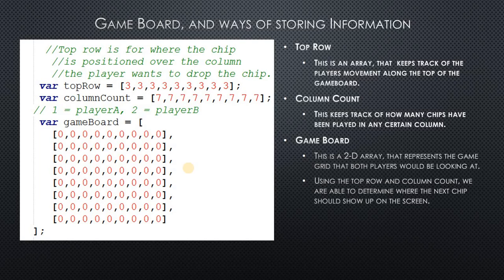For this game, we needed to use a couple different arrays. These are all arrays, as the square brackets represent an array in programming. We needed a way to keep track of the players moving along the top of the game board, and how many chips had fallen into that column using the column count. The actual game board itself is a two-dimensional array.